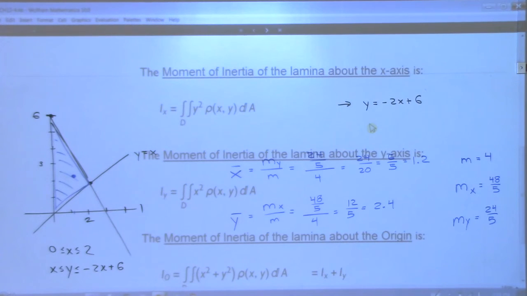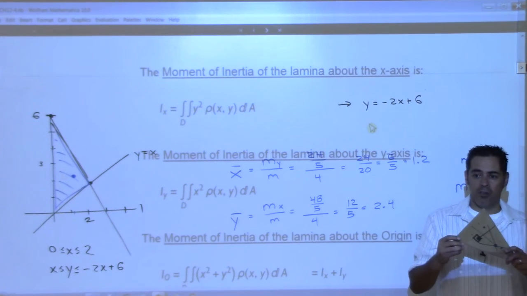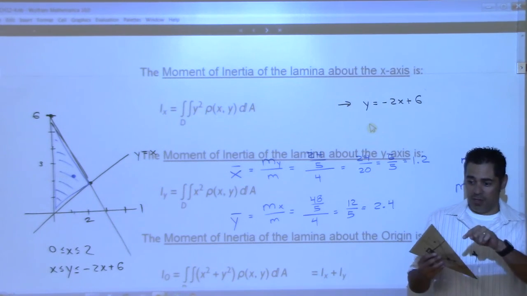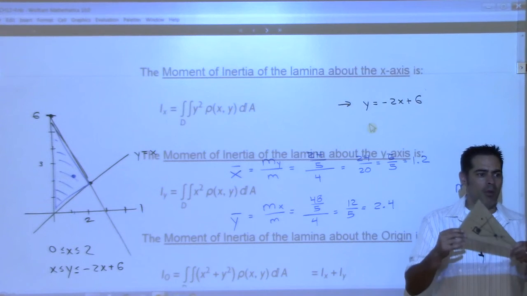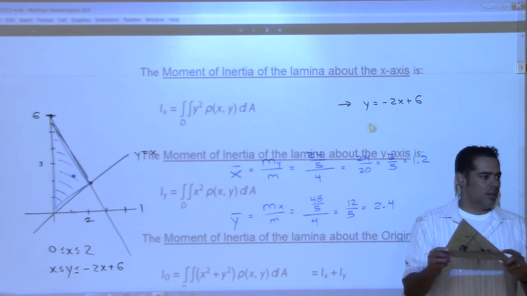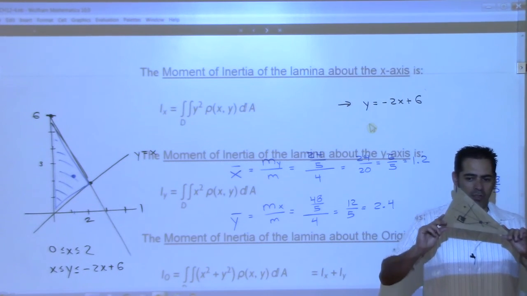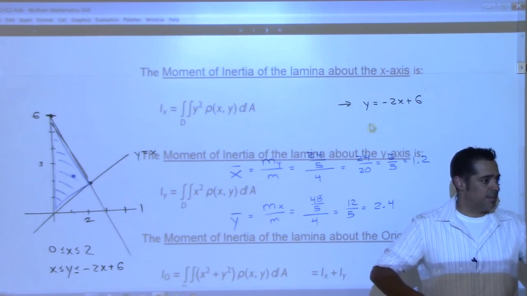So the moment of inertia is a number that we use to measure. Pay attention to this because this is on your take-home, all right? The moment of inertia is a number that we use to measure the resistance of an object's motion when you try and rotate it about an axis.